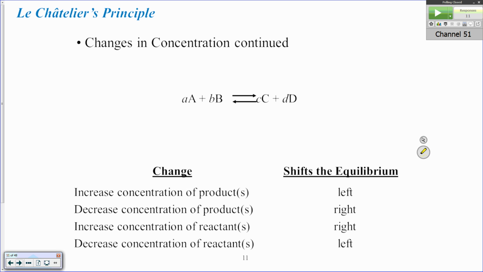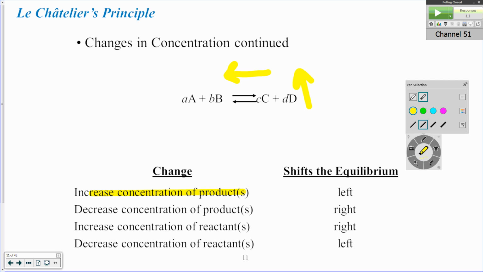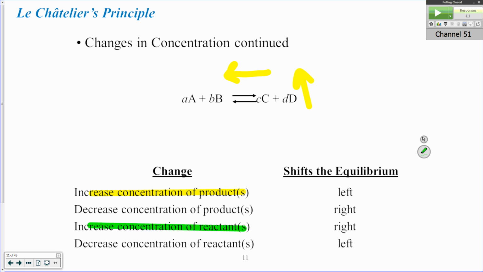If I have a product concentration go up, the equilibrium is going to respond by shifting back towards the reactant. Okay, so it shifts to the left. If I had a change that increased the concentration of either A or B, the system responds by shifting to the right in the forward direction.